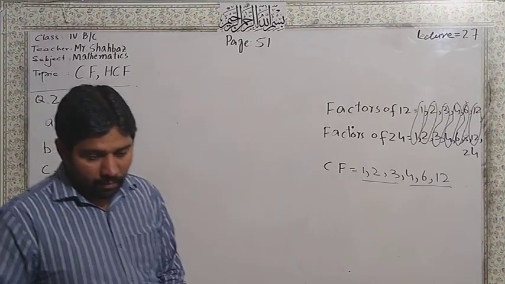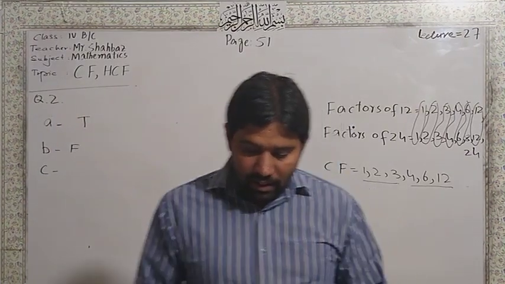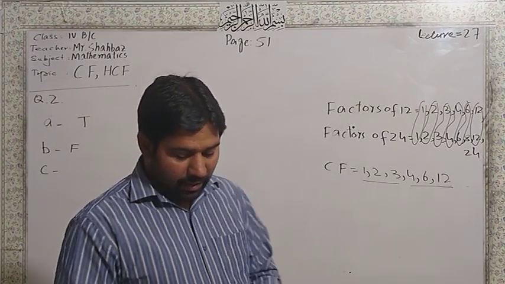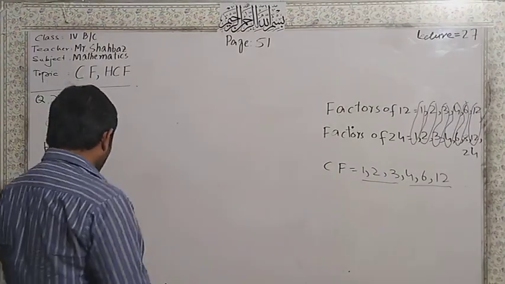Next C. 3 is the highest common factor of 12 and 18. We have to check.